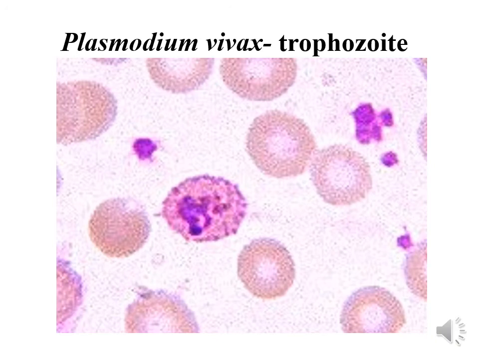If you see the cell here in the center, it is comparatively enlarged, bigger than the other cells. And also there are a lot of dots. These dots are known as Schüffner's dots. So enlargement of an infected red blood cell and the presence of conspicuous or distinct red or pink dots is typical for infection with Plasmodium vivax.